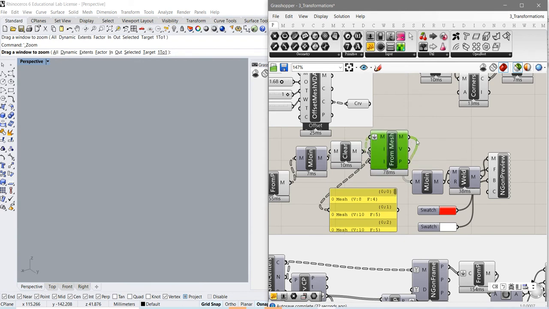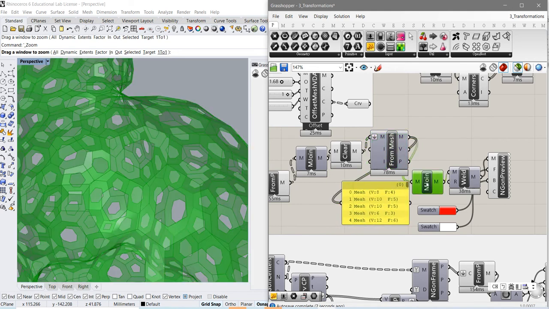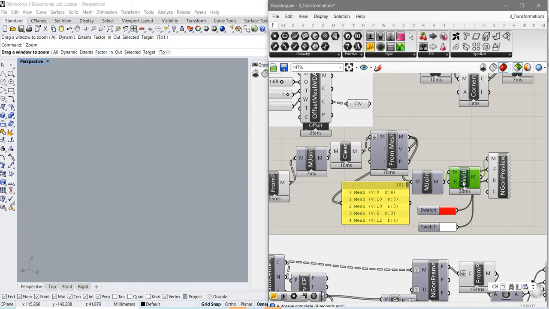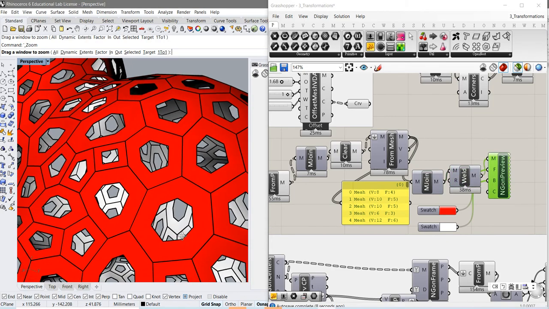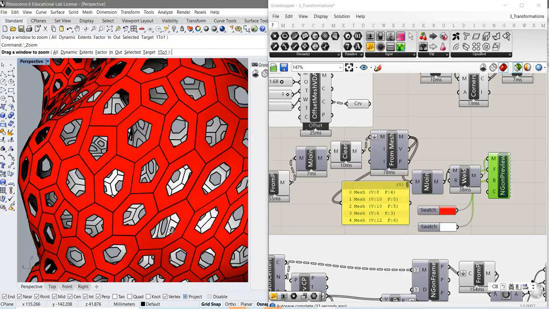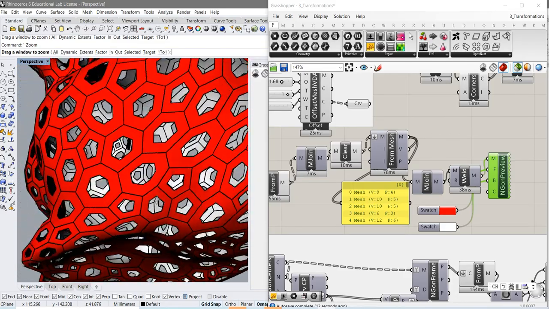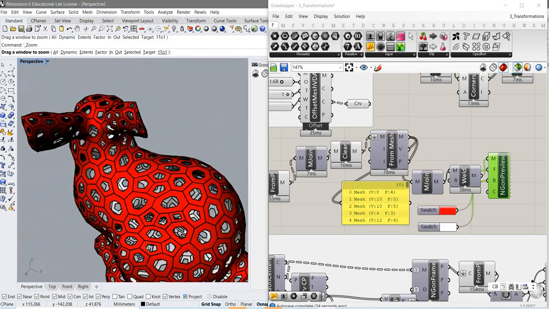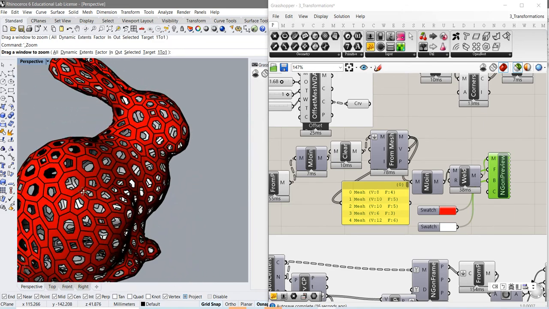Flatten it so that you can join it and weld it and then show it. Okay, so now you get this bunny with red color outside and gray inside.